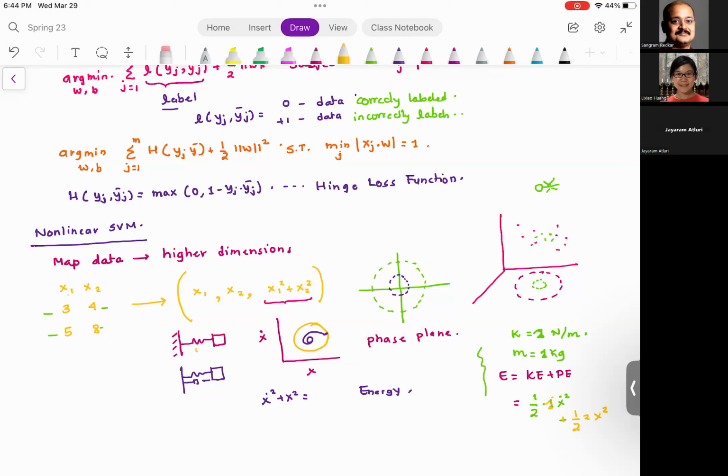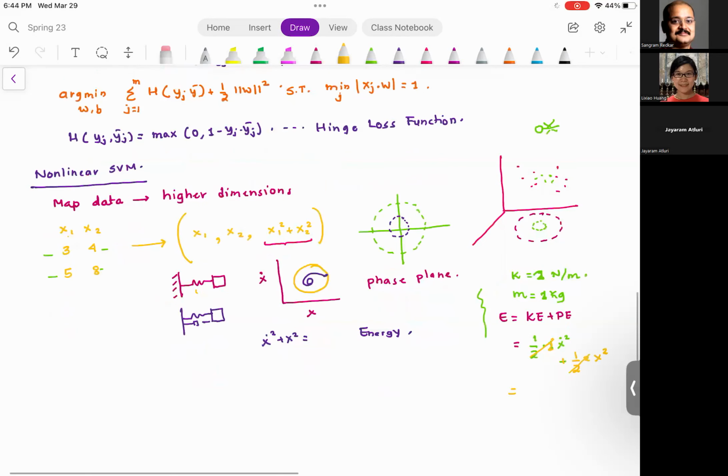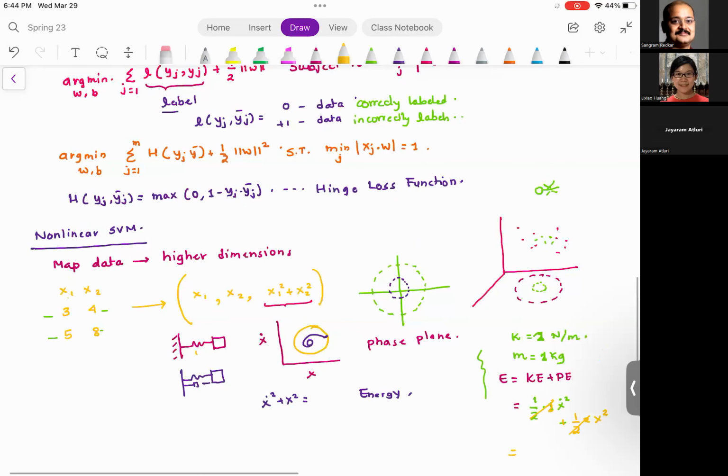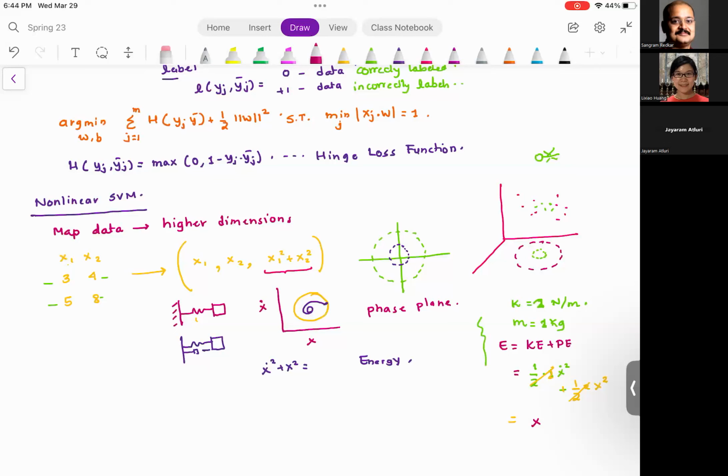So this gets cancelled, this gets cancelled, and I get an expression for energy, which is x square plus x dot square, which is equal to energy.